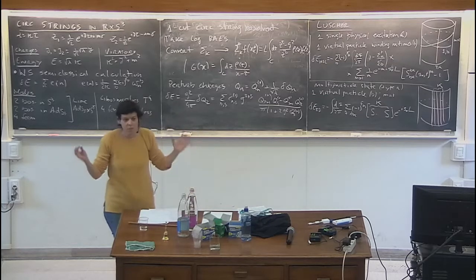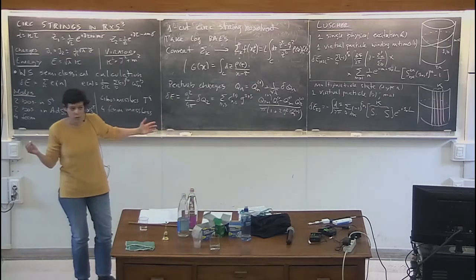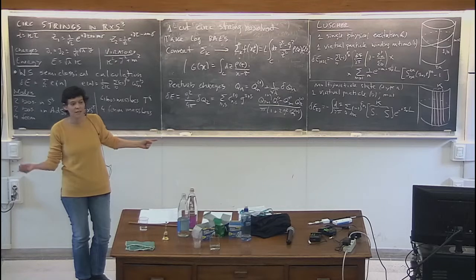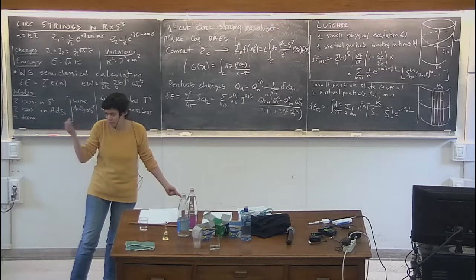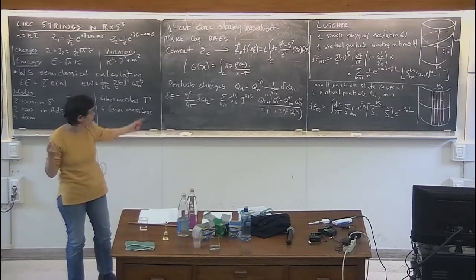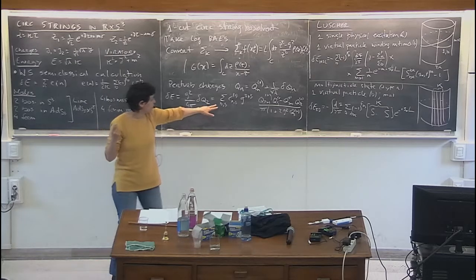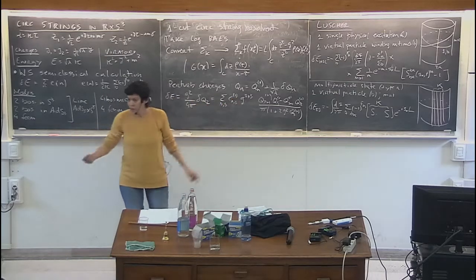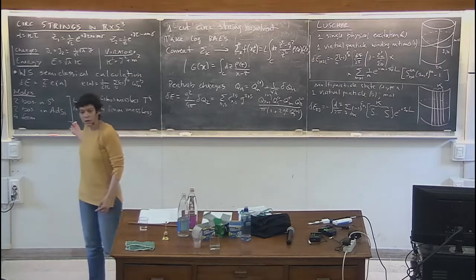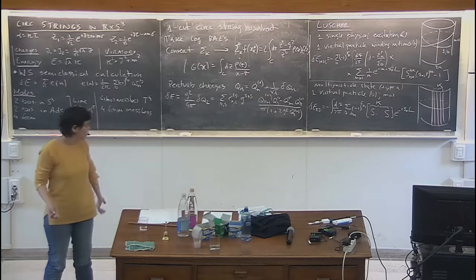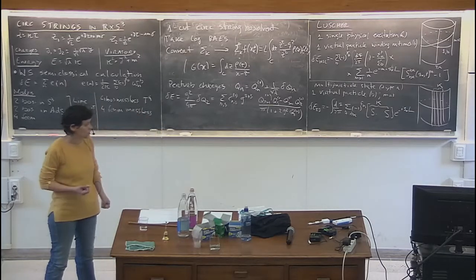So this was the calculation that was done in AdS5 × S5 to first determine the C_RS^(1), because they knew what the classical circular string semiclassics were, and they could determine the C_RS^(1).